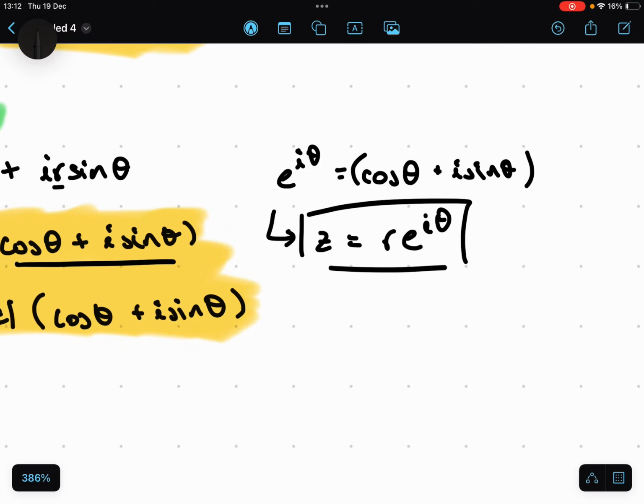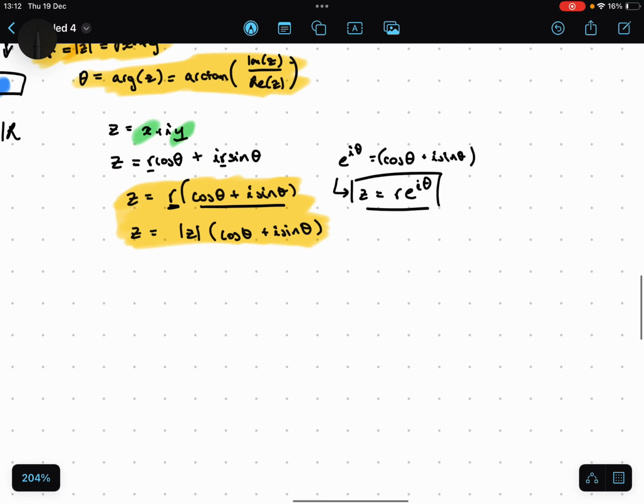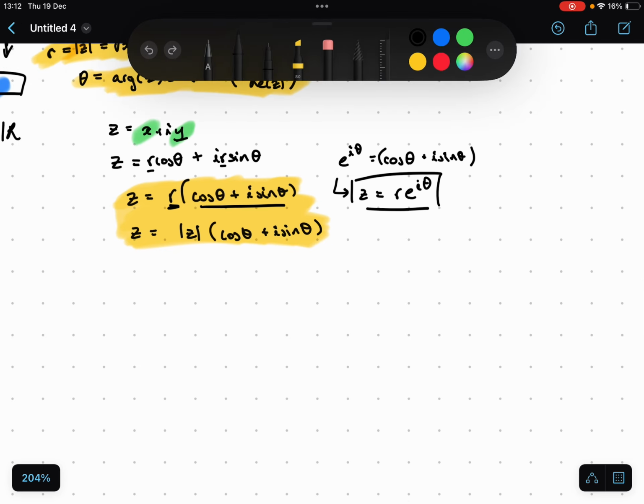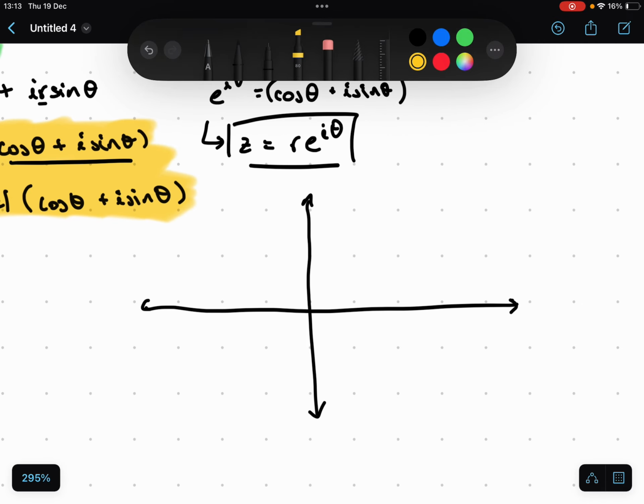So I'm just going to draw another Argand diagram because this one's kind of busy. Here it is. Again, this is important.